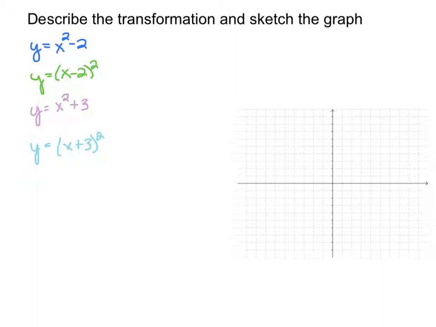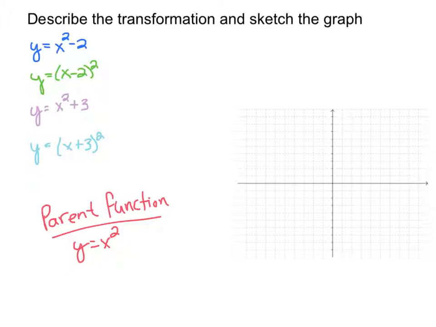We have x squared, x minus 2 squared, x squared. So it looks like our parent function is going to be x squared. So our graph is going to resemble a parabola. We know that the x squared function looks like a U. So we're going to take each one of these equations and guesstimate what's happening.